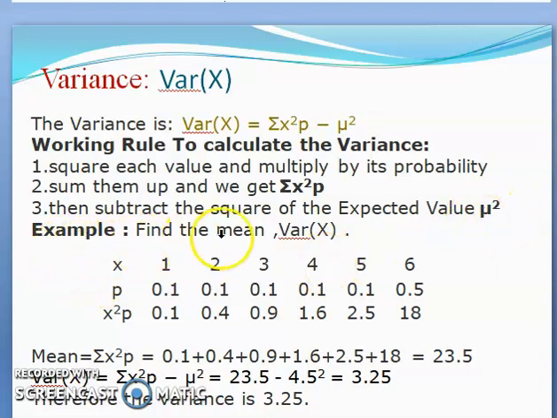For example, find the mean and variance. This is the value of x, this is the respective probability, and then we define x squared times p.